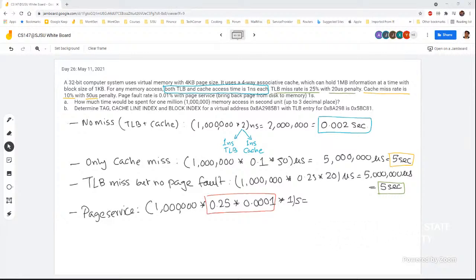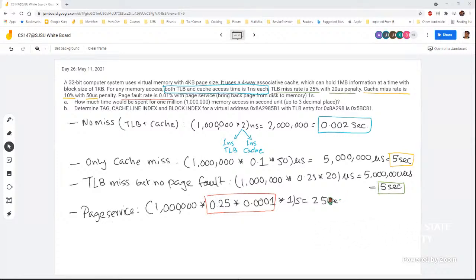If there is no TLB miss, that means the page is already in the memory. That's why we are multiplying by the miss rate. Out of this 25% which has a TLB miss, there is a 0.01% chance that it will go into page fault mode. If we calculate that, that will become about 25 seconds.